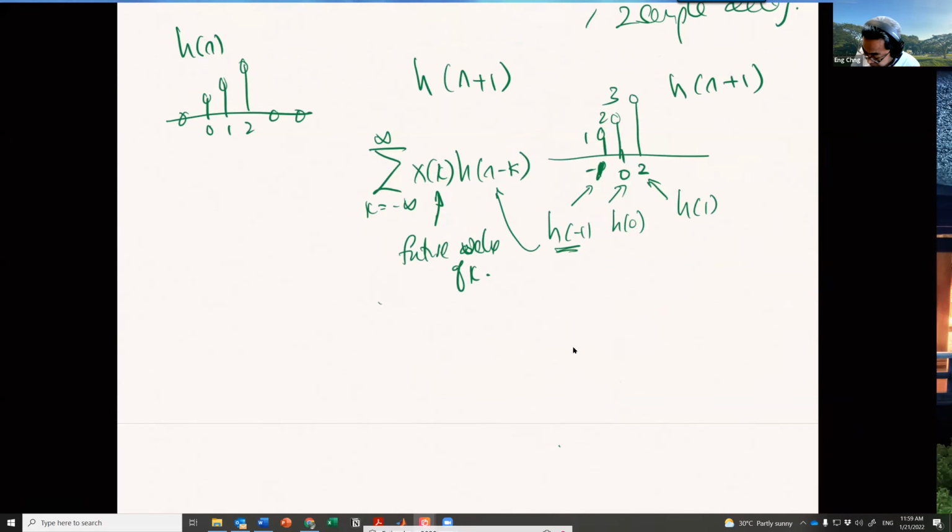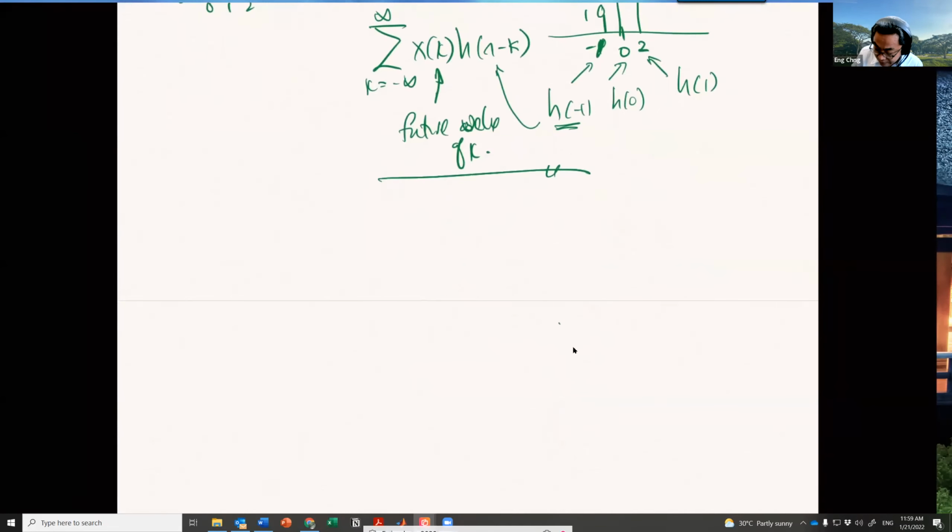All right. Now, the last thing that we want to discuss is called BIBO stable. BIBO stable means when the input is bounded. What does input bounded mean? Now, I'm going to give you an input.